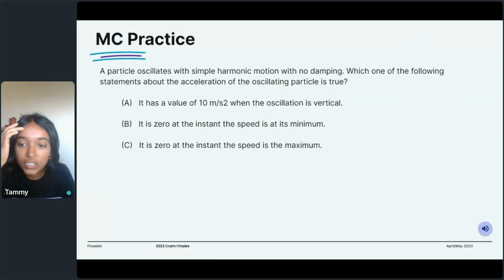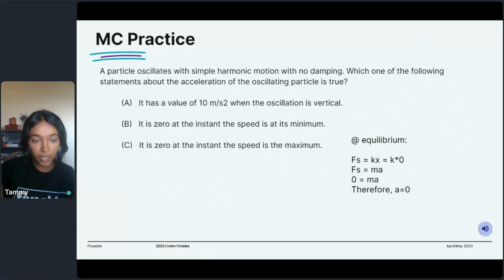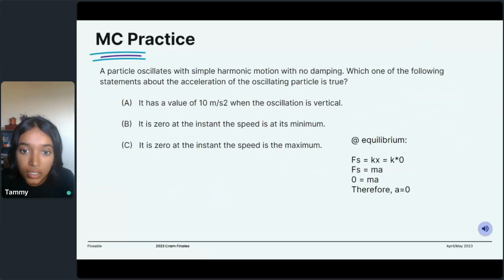Let's move on, I think everybody got a chance to answer. Okay, guys, here is my work for this problem. At equilibrium, the only force acting on it is the spring force because it is vertical.